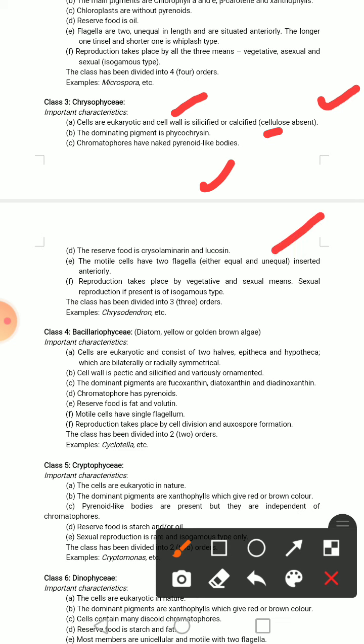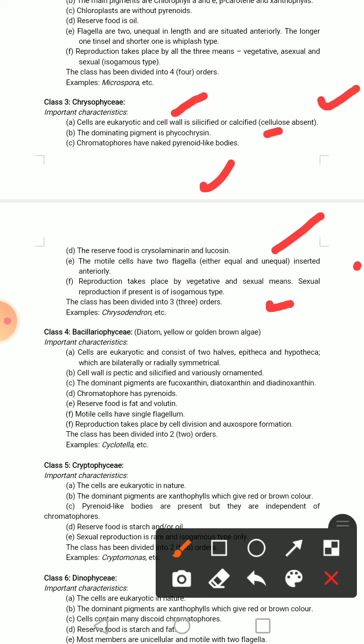The motile cells have two flagella, either equal or unequal, inserted anteriorly. Reproduction takes place by vegetative and sexual means. Sexual reproduction, if present, is of isogamous type. The class has been divided into 3 orders. Examples include Chrysodendron.